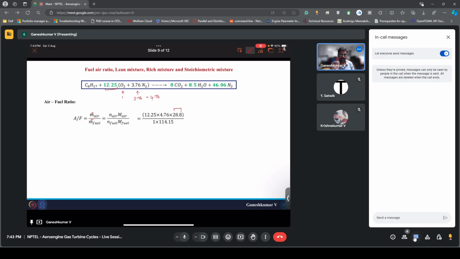So 28.8 grams per mole corresponds to 4.76 moles of air. So the total number of moles of air is nothing but 12.25 times 4.76. You should be a little careful here, because it's a mixture. That's why we are doing this. And then fuel we are taking as 1, and we found everything for 1 mole of fuel only. And then molecular weight of fuel is also given, which we are using. And if we calculate it, it will come out to be 14.87. So this is how you calculate the air fuel ratio.